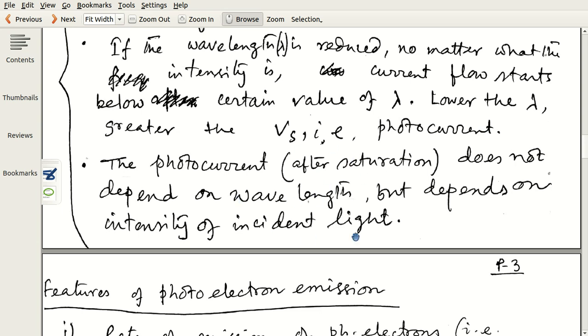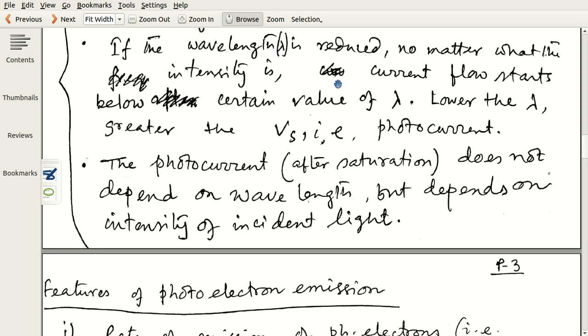We will discuss it later in detail, but this was the observation. Note that whether the current will flow or not depends on wavelength or frequency.